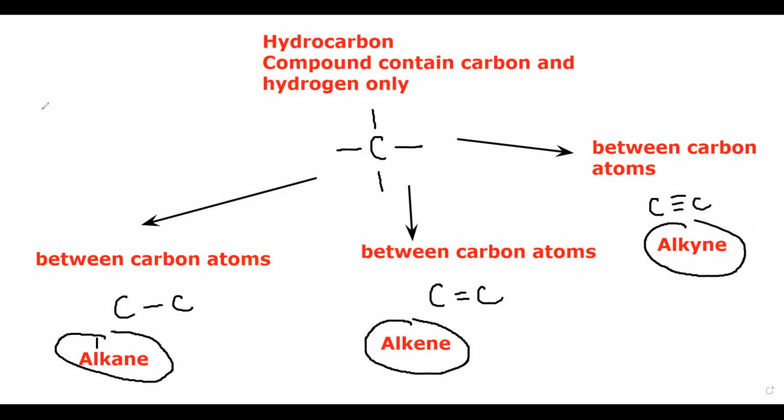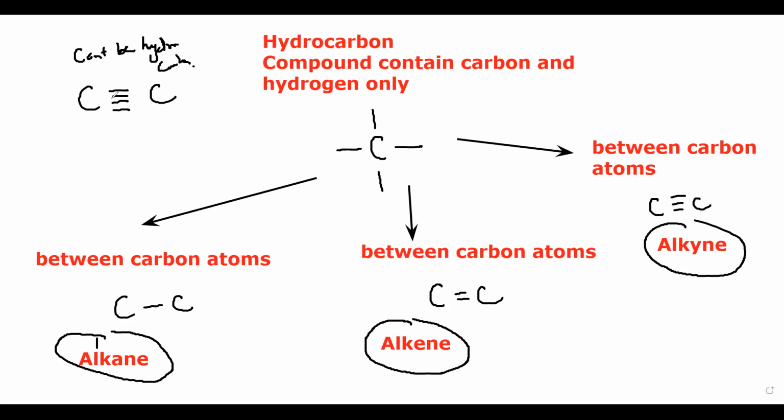But what will happen if there are four bonds between the carbon atoms? So one carbon atom bonded four times with another carbon atom. When two carbon atoms have four bonds, they cannot be a hydrocarbon. Why? Because carbon maximum can form four bonds. In the other cases, single, double and triple, they can still bond with hydrogen.